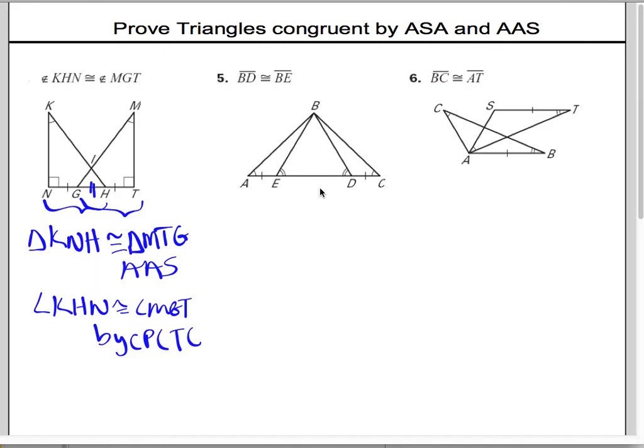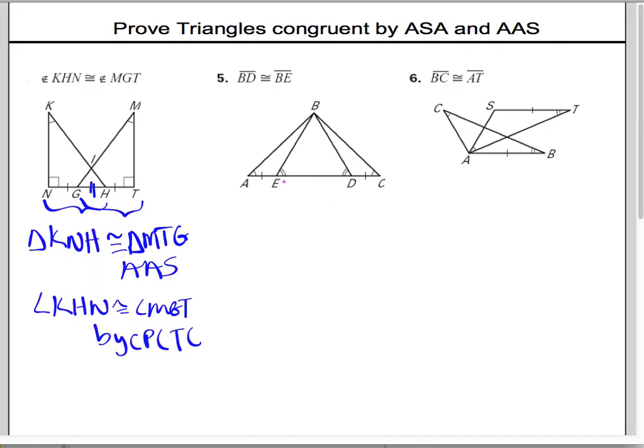This one. What we would have to do in this one, if we're looking to say that side BD is congruent to BE, we could actually get there just looking at this picture. We wouldn't even need congruent triangles. That's going to be sort of the silly part of this.